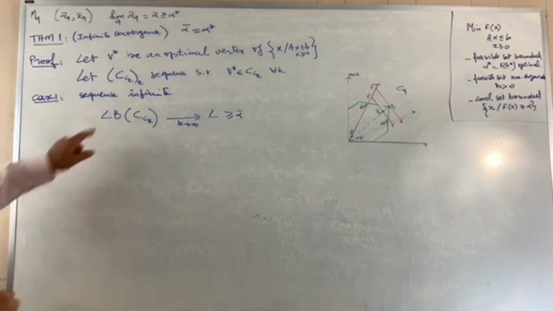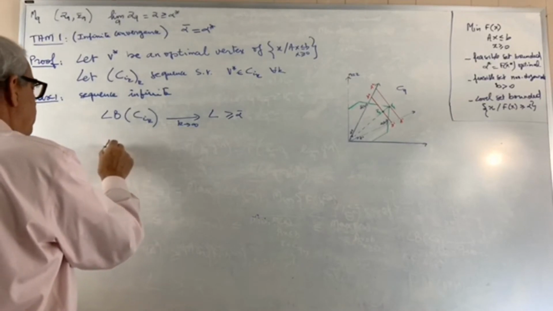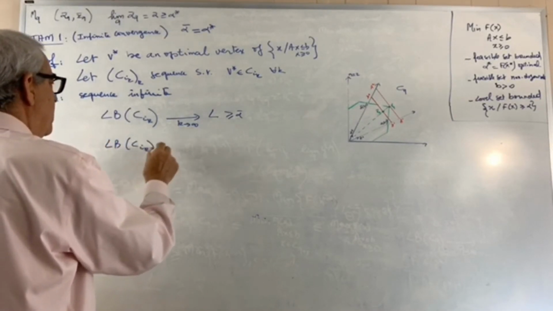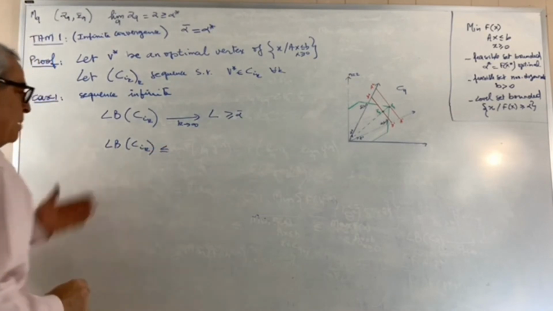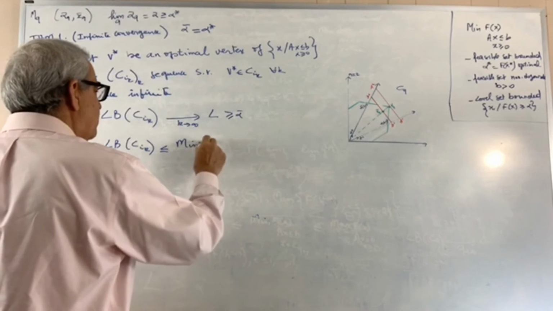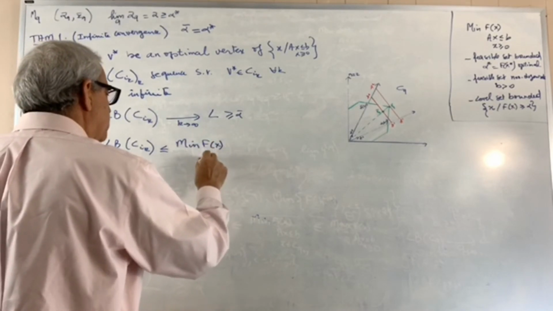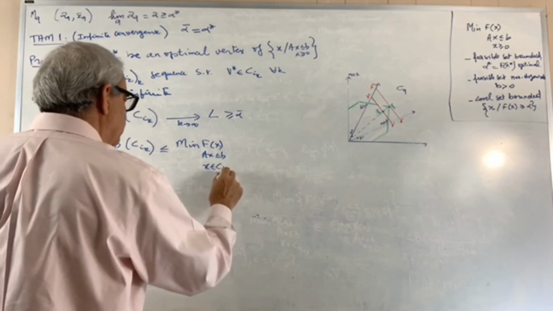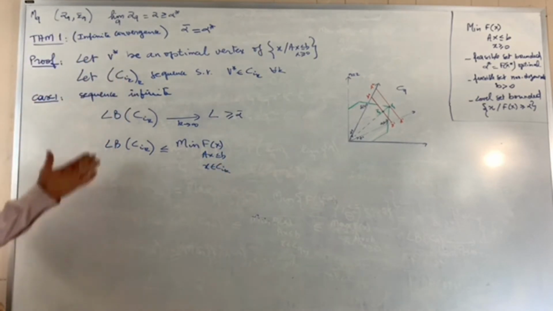But the lower bound of C_{i_k} is less or equal, by construction, to the minimum of f of x subject to Ax less or equal to b and x belonging to C_{i_k}.